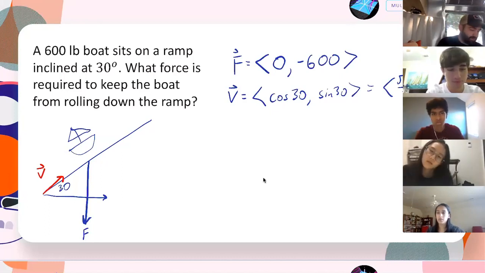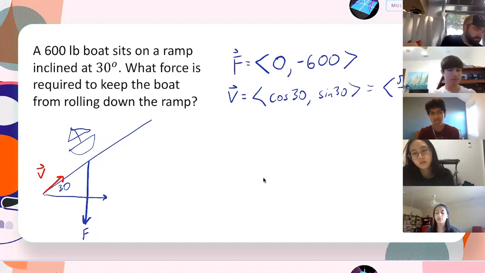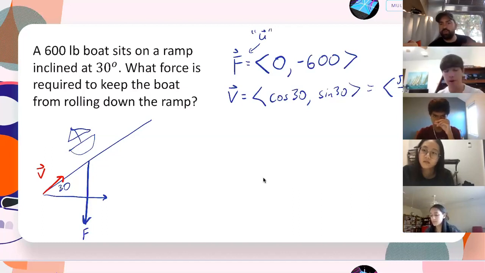Yeah. So we have our V, we have our F. So all we do to get our projection, this is basically the U in the projection formula. We're going to use the F. U stands for the main force, the resultant that we're trying to break up. And in this case, it's the mass of the thing.